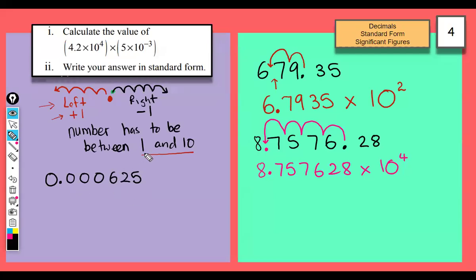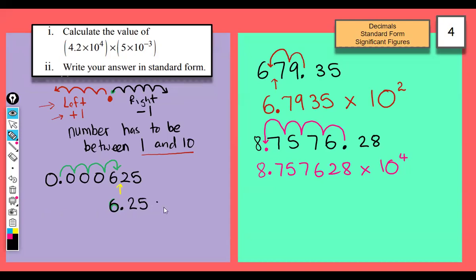To get this number between 1 and 10, we have to move the decimal point between the 6 and the 2, so we move it 1, 2, 3, 4 places. It will be 6.25. You don't have to put all the zeros in this case.